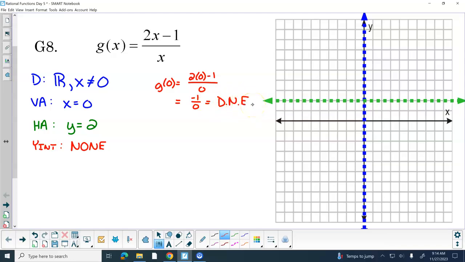You can't divide by 0, so therefore it is none. X-intercept: how do I solve for my x-intercept? Set my numerator equal to 0. So that would give me the point (1/2, 0).